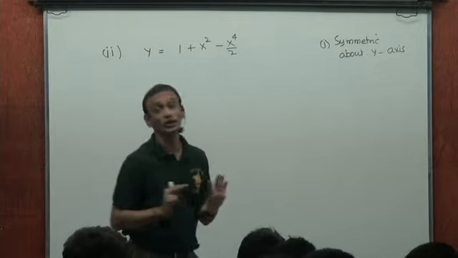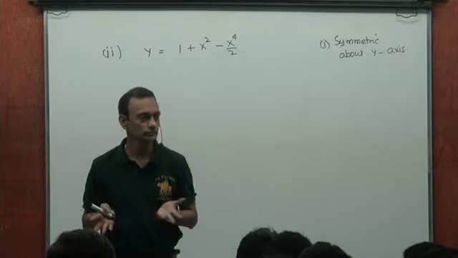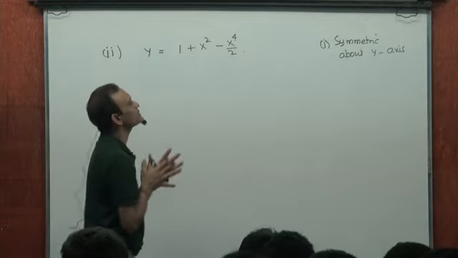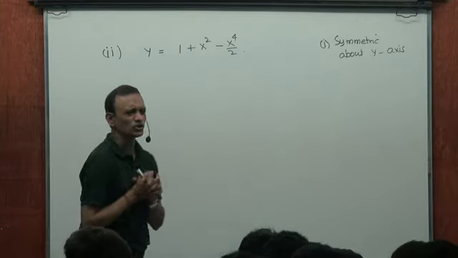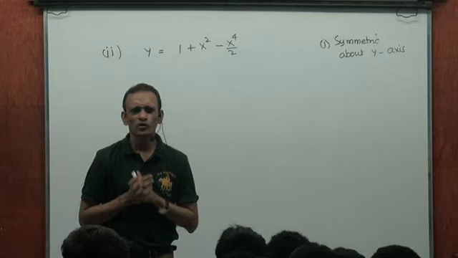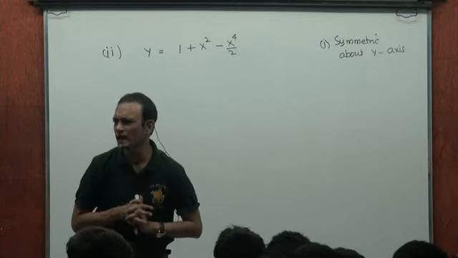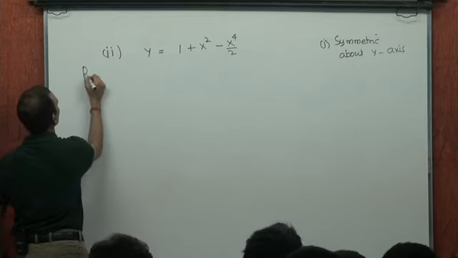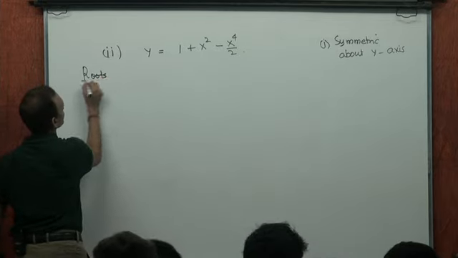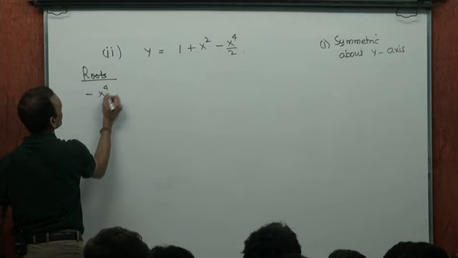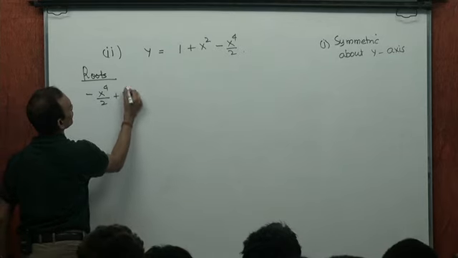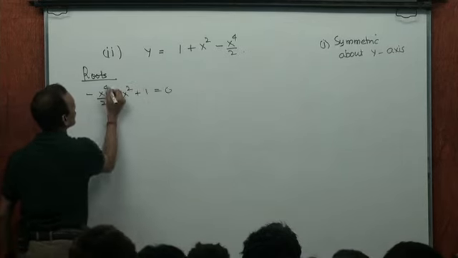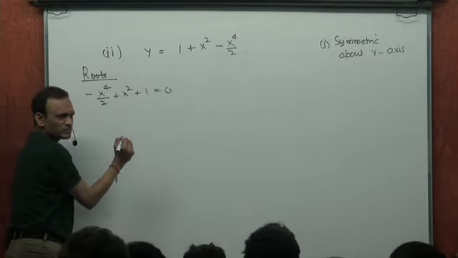So let me just draw the curve for x greater than 0. But the first thing that I want to do here is find the roots of this, the values of x for which y becomes 0. It's a quadratic in x squared, right?